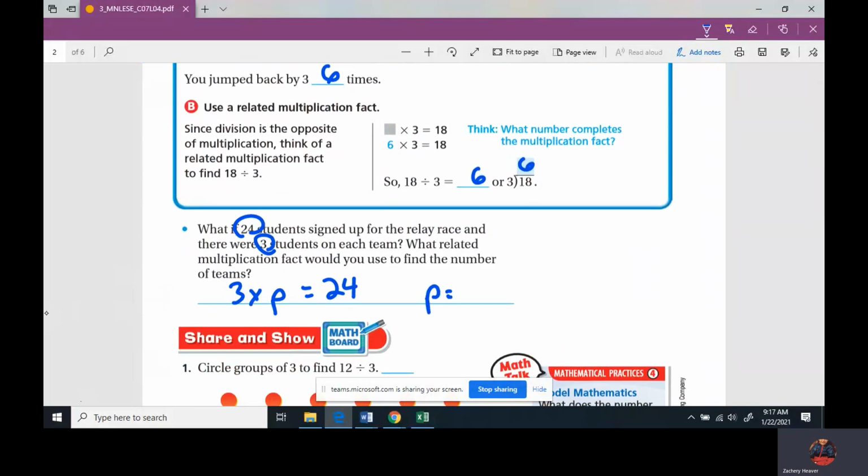No. What is P? 8. Because all we just did, Brett, was this. 24 divided by 3 equals 8, or 8 times 3 equals 24. Remember, if we want to switch it over to multiplication, the dividend, the big bad bully, is going to be what the multiplication equals. Okay?